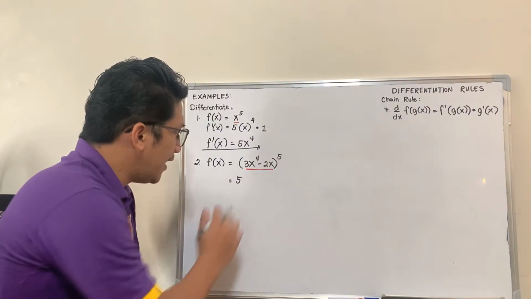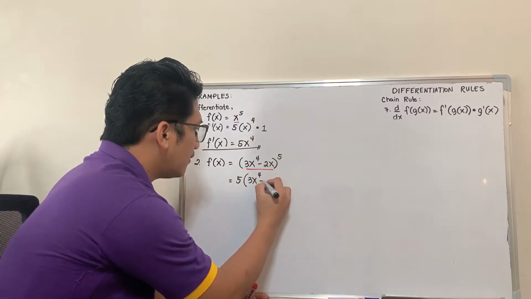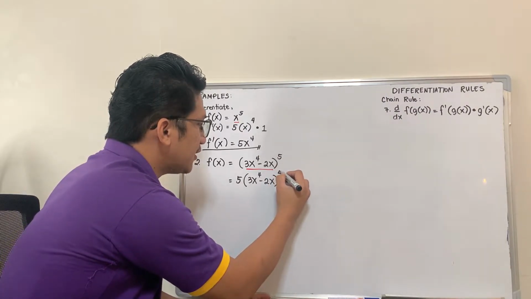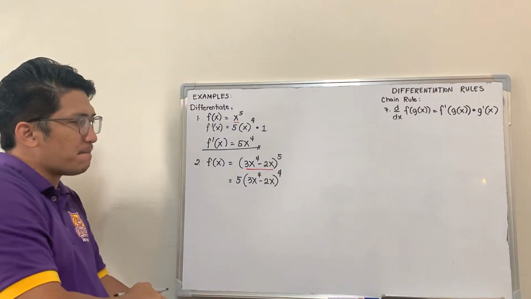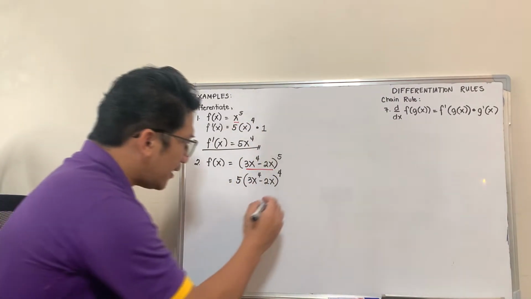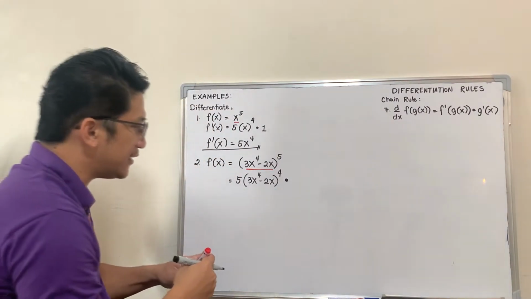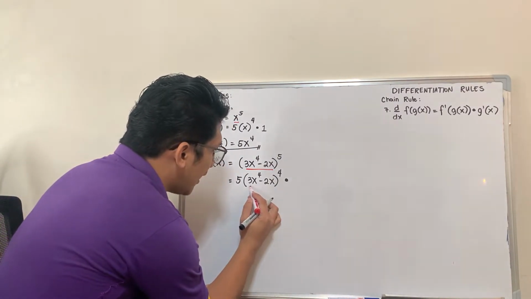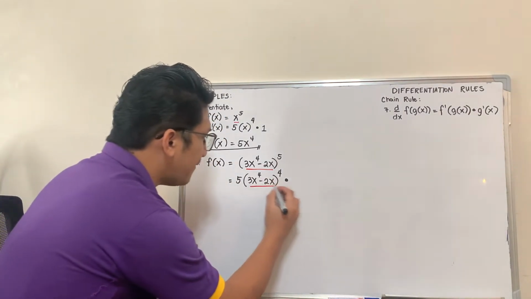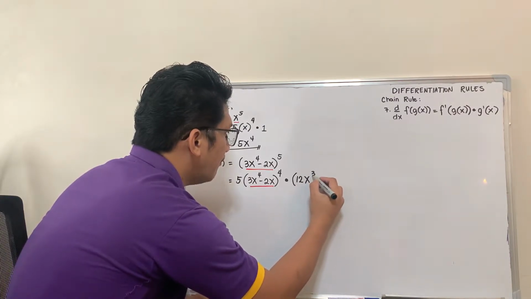Then we copy the base, and we subtract 1 from the exponent. So it's exactly the same again. But the small difference is that the base is 3x raised to 4 minus 2x, so its derivative is 12x cubed minus 2.